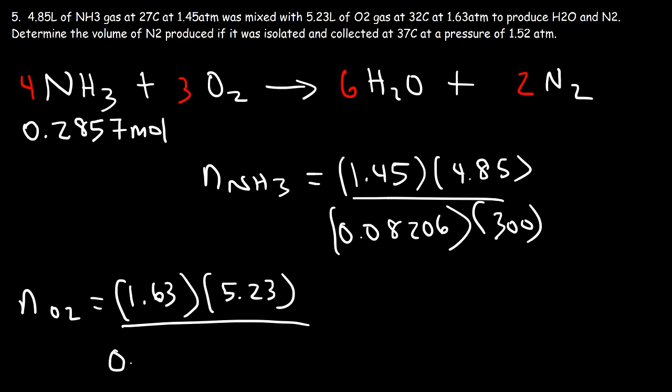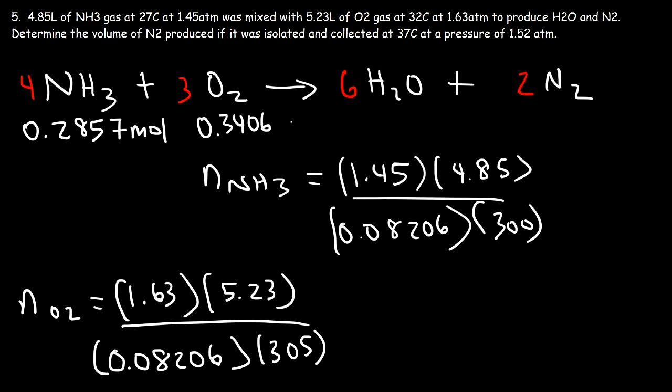And then we have R. And then multiply by the temperature, which is 32 plus 273, that's 305 Kelvin. And so the moles of O2 is 0.3406. So now, which one is going to be the limiting reactant?